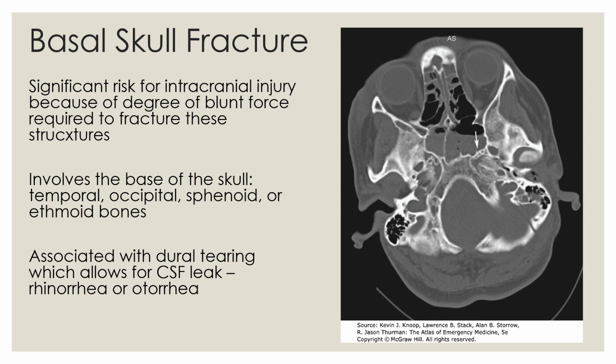So again, additional intracranial injury is often associated. The other issue with basal skull fractures is that they often cause tearing of the dura, which results in leaking of spinal fluid from the ear or from the nose, if the sphenoid or ethmoid bones have been affected. So a bloody or clear discharge from the ears or the nose should be assessed to see if it's CSF.